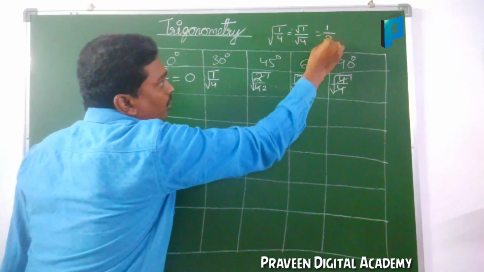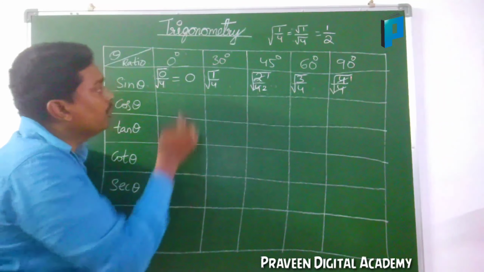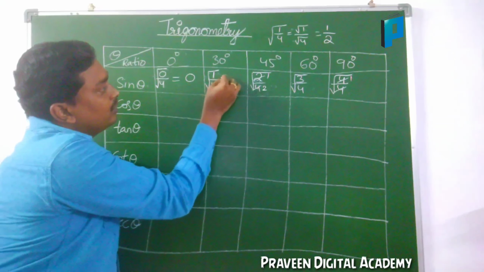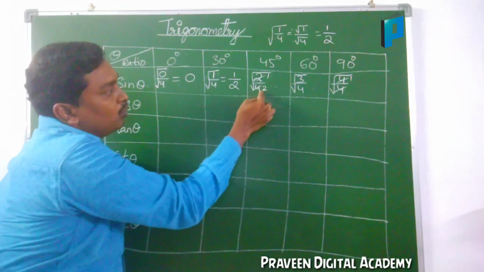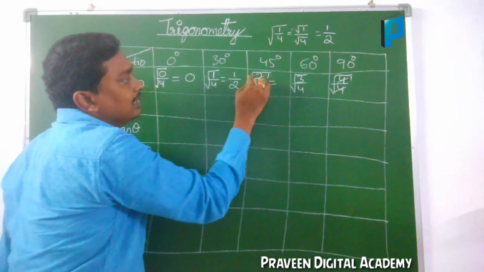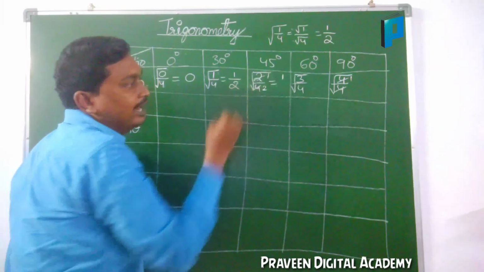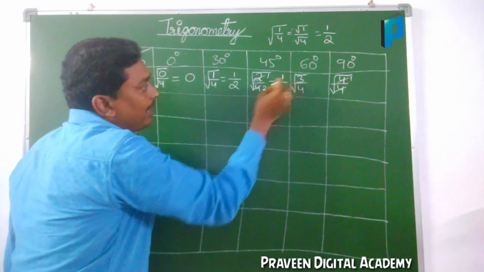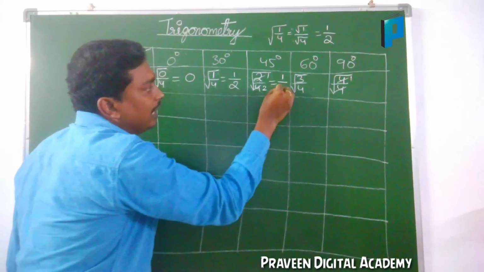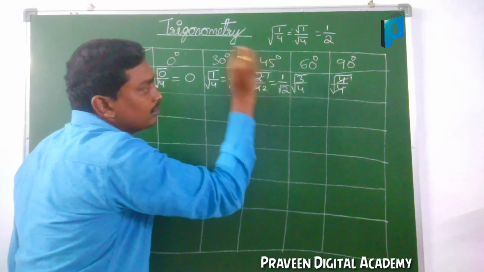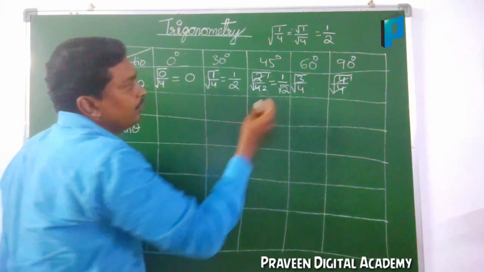What is root 4? Root 4 is 2. So root 1 by 4 is equal to 1 by 2. Now here we have root 1 by 2, means under root 1, which is 1 only, by under root 2. Under root 2 does not have a specific value, so root 2 we got.